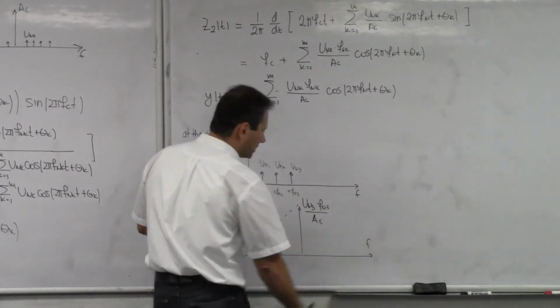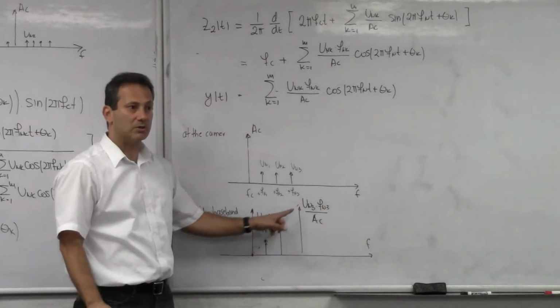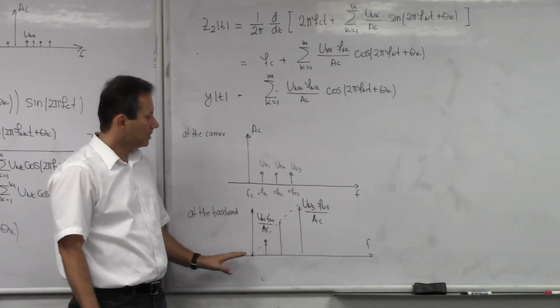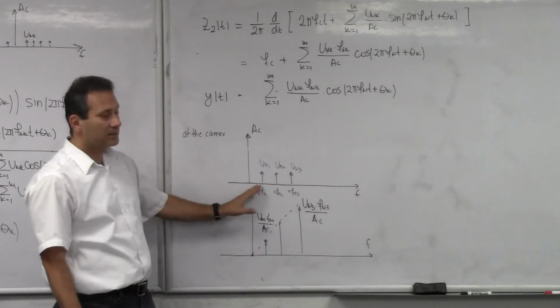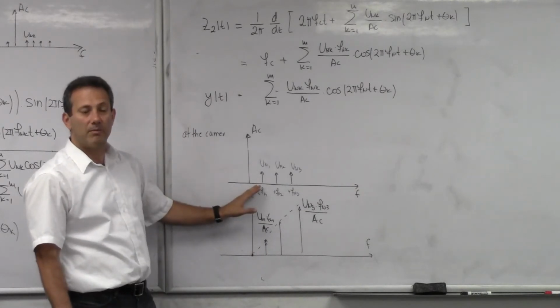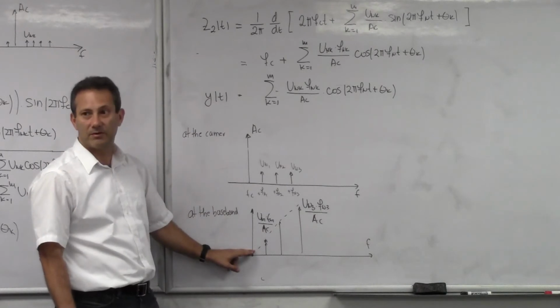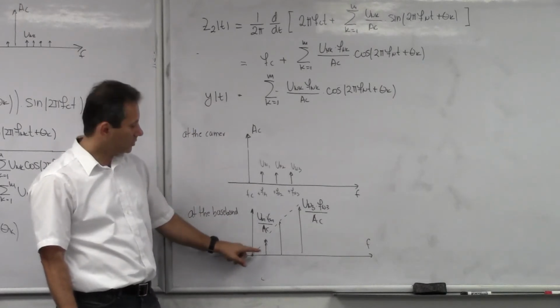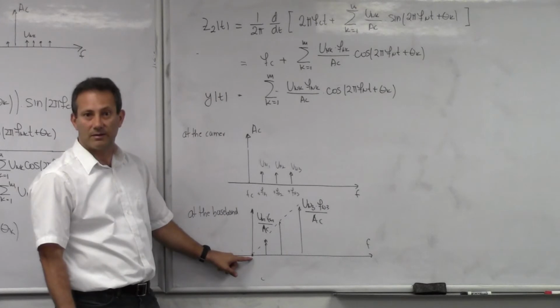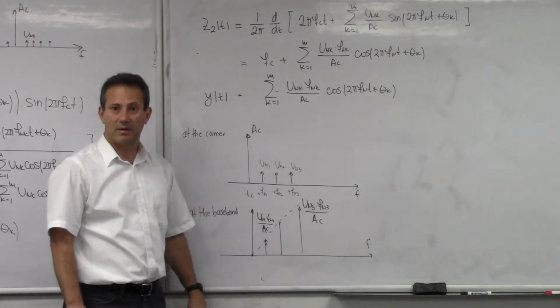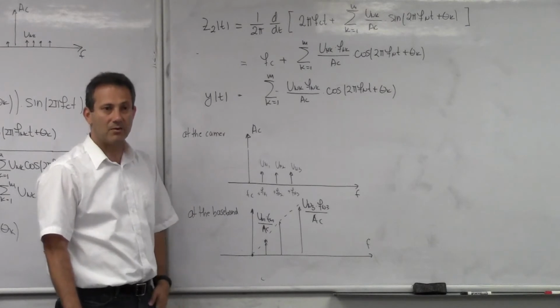So the last one has the largest magnitude. Why? Because its offset from the carrier is the largest. So yes, they translate to the baseband, but in the process of the translation, they're not amplified by the same amount. The ones close to the carrier are amplified less. The ones far away from the carrier are amplified more. Any questions here?